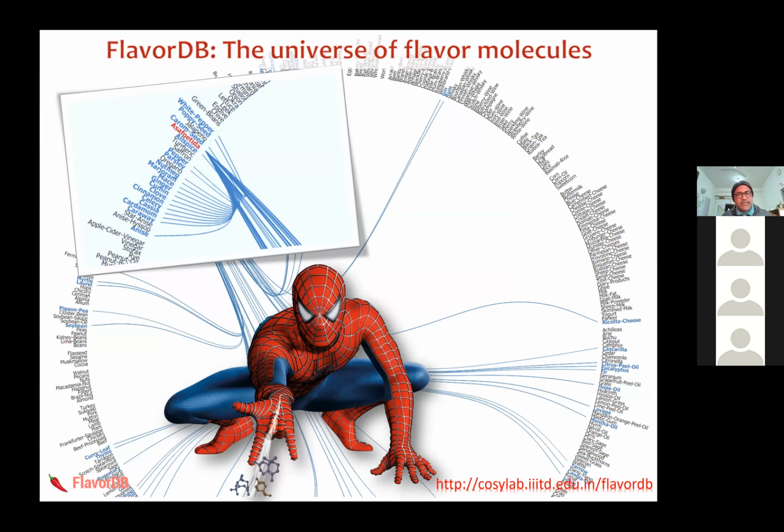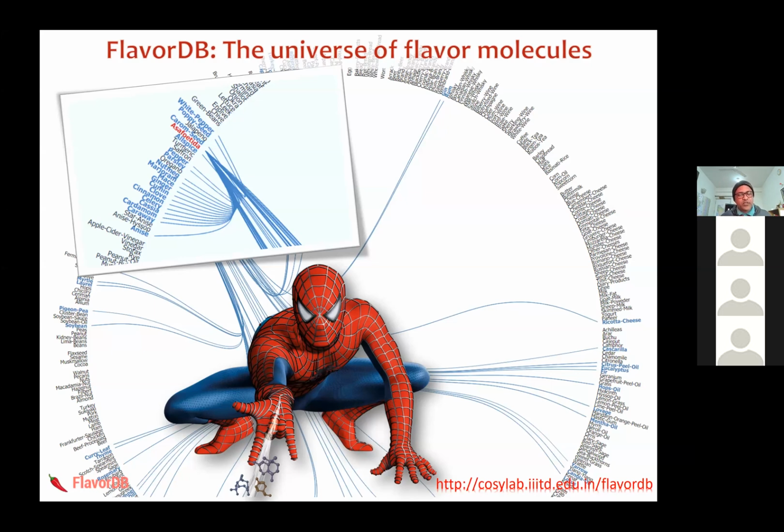What we did for the first time ever was to create a comprehensive database of natural ingredients and the flavor molecules in them, which are available naturally, and their taste and odor attributes, food pairing phenomena, and searching facility in all kinds of manner in this database called FlavorDB. It's a universe of flavor molecules and is sought after by industry heavily for commercial applications, apart from academicians who are using it for browsing from the web interface that we are providing.